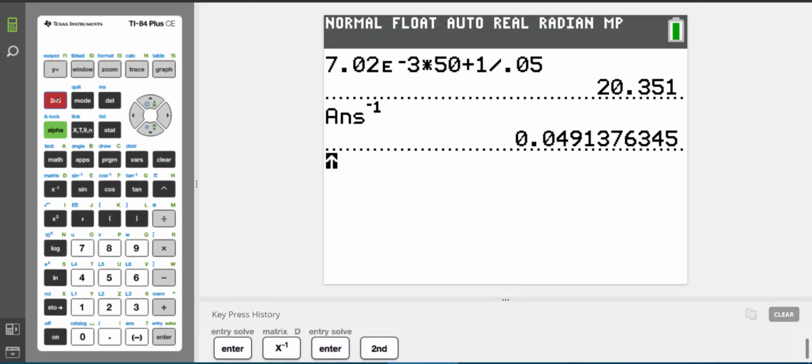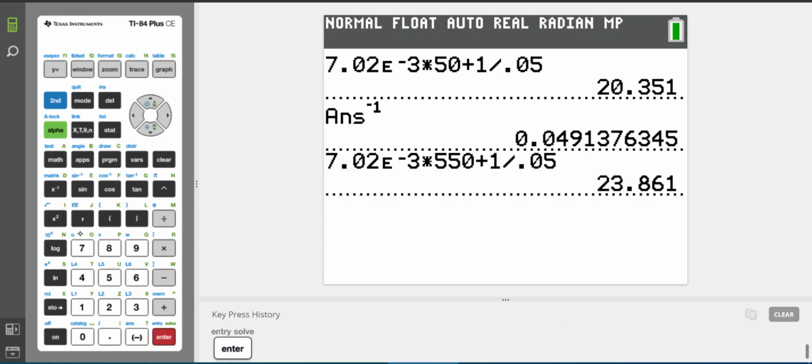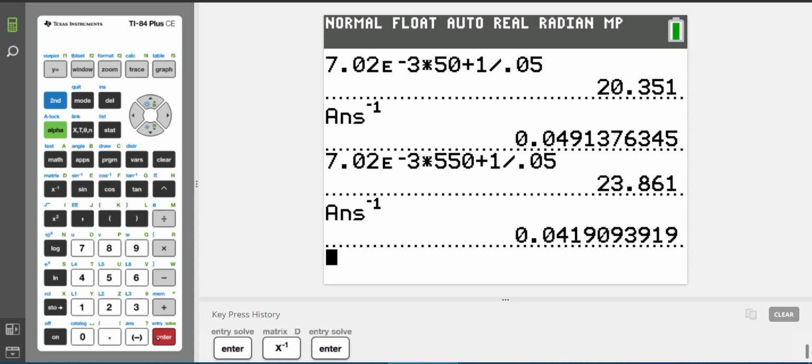You can hit second enter, and then second enter. And I have to go over here, hit second insert 5, boom, and then 0.042. And so that's number 54. So hopefully that helps make some sense.